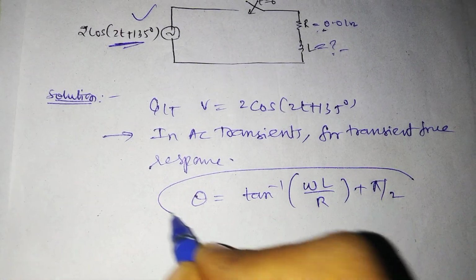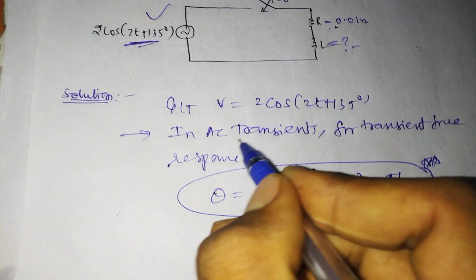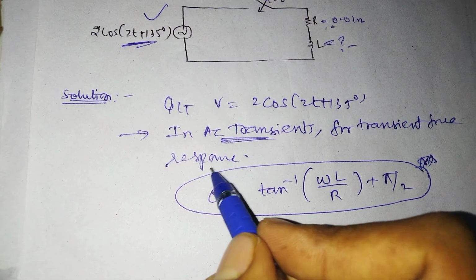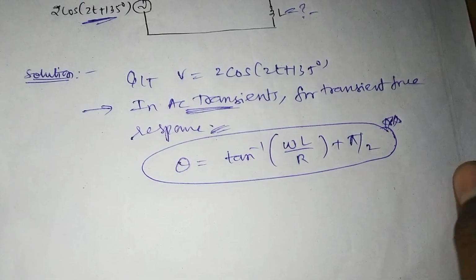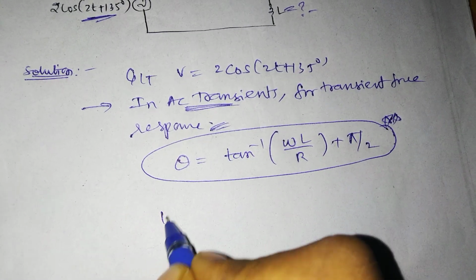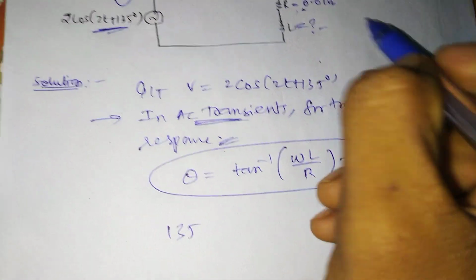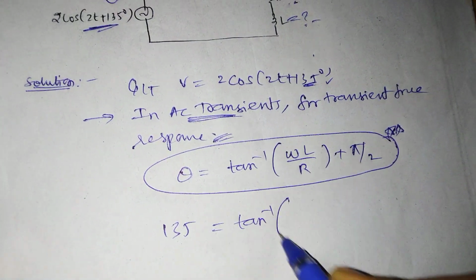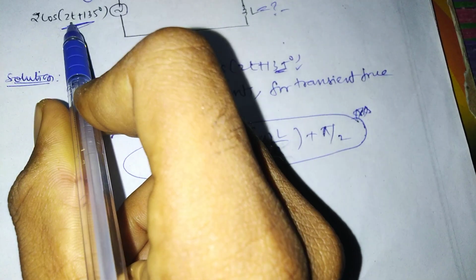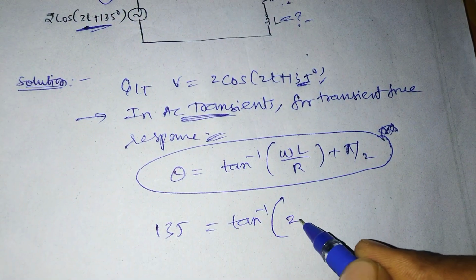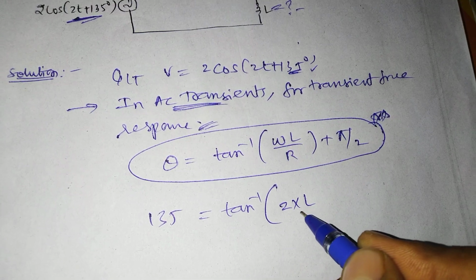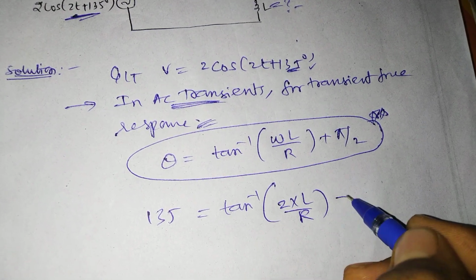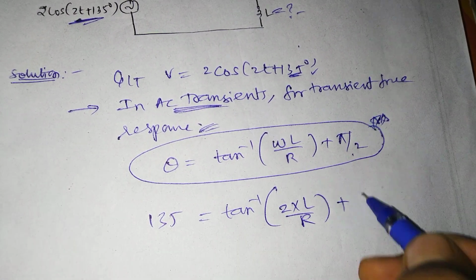This is very important for AC transients. For a transient-free response, this is the formula. They have already given the phase angle, 135. Substitute here, tan inverse of omega L by R. Omega is 2, right? So 2 into L by R plus the phase shift of 90 degrees.